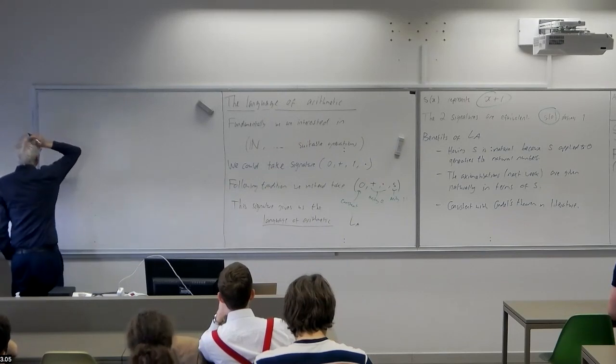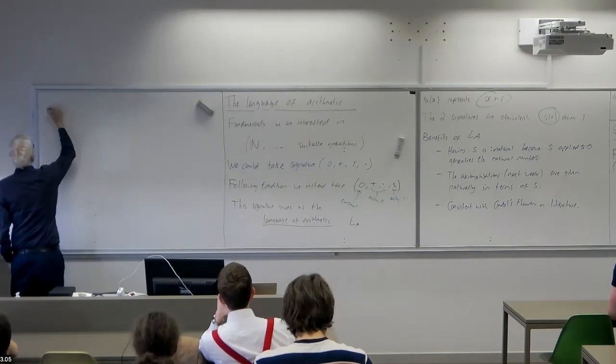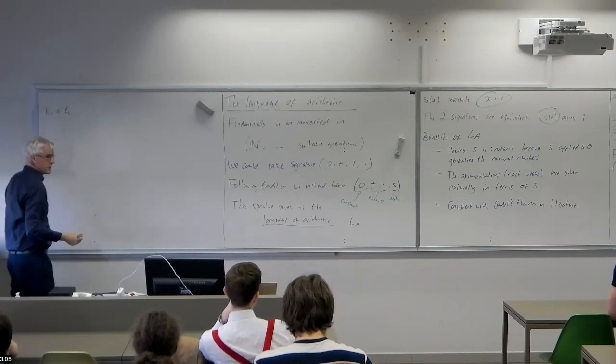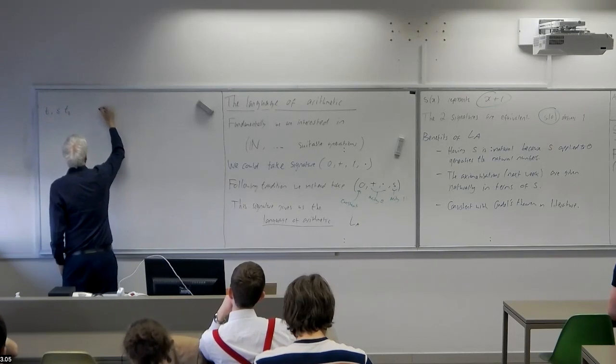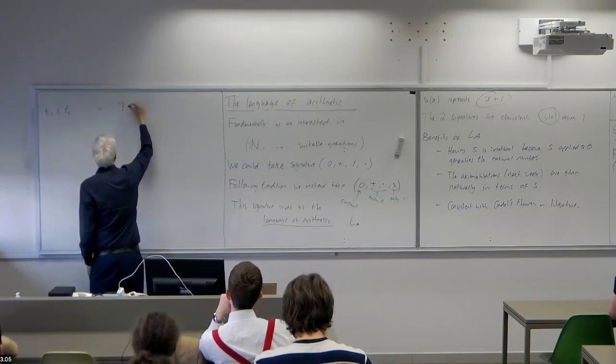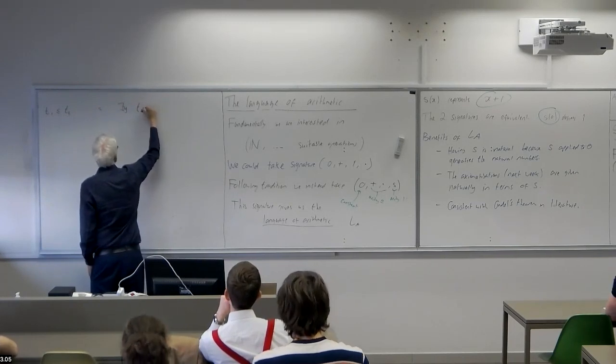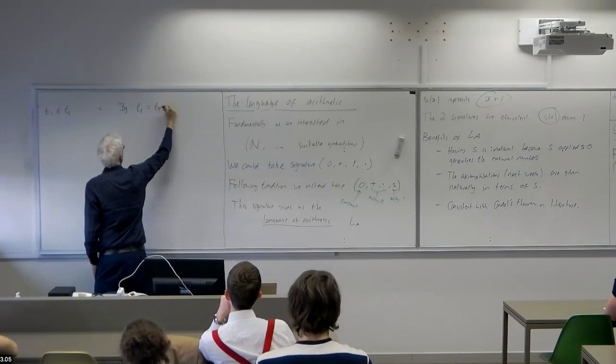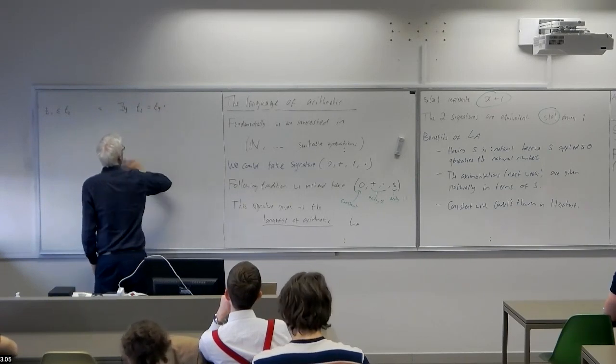So given any two terms, T1 and T2, we can write the formula T1 less than or equal to T2 using a definition that we've had many times: there exists y such that T2 equals T1 plus y.